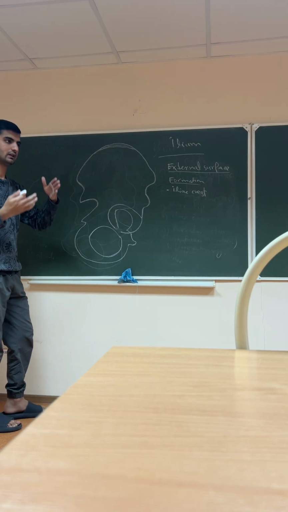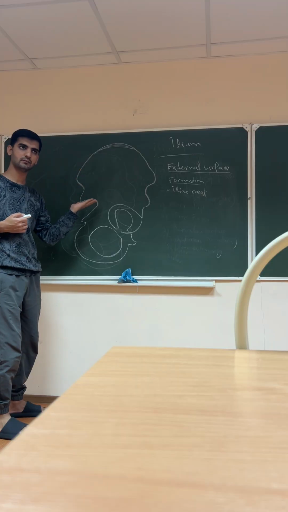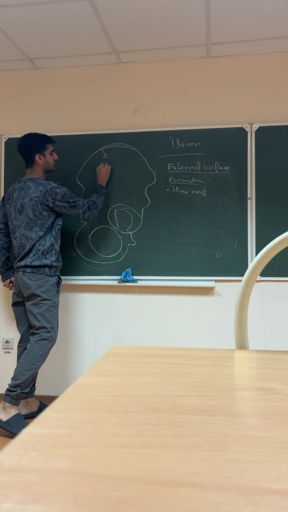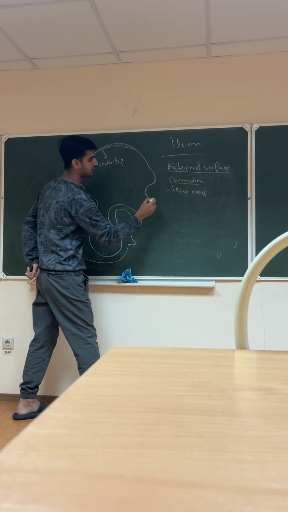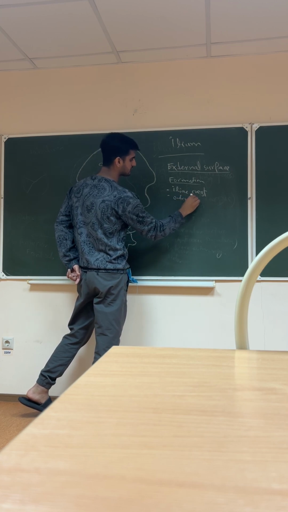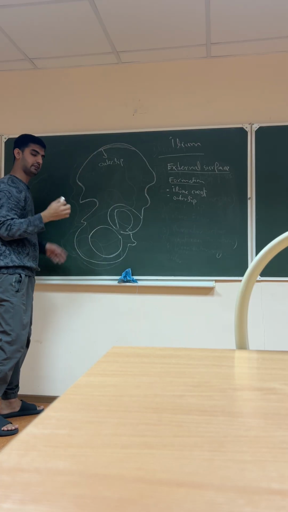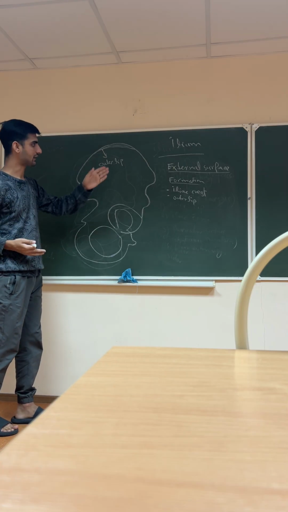Second, which I told, inner surface. Inside we have the inner lip, and outside we have the outer lip. Okay, next we discuss the inner lip inside, and outside we discuss the outer lip.